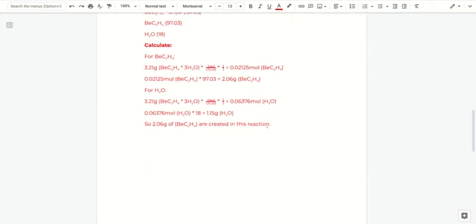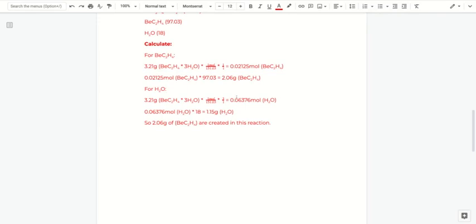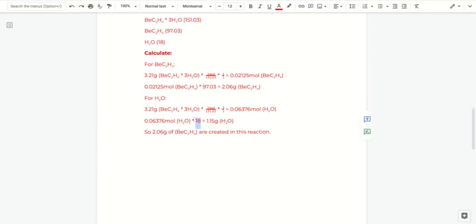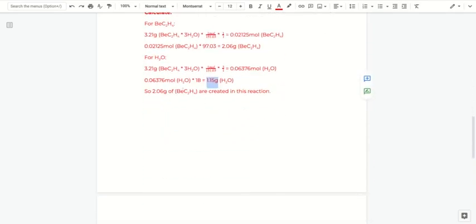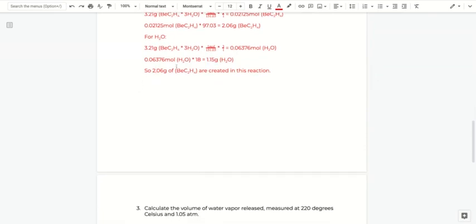So I said 3:1, which gives you basically 3 times the moles of H2O. And then I did the same thing. So I did that times 18, because that's the molar mass of water, to find 1.15 grams of H2O. And then, yeah, so the answer for number 2 is 2.06 grams of this.